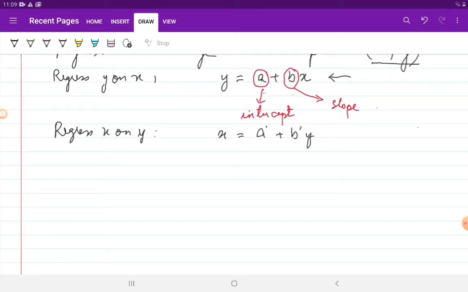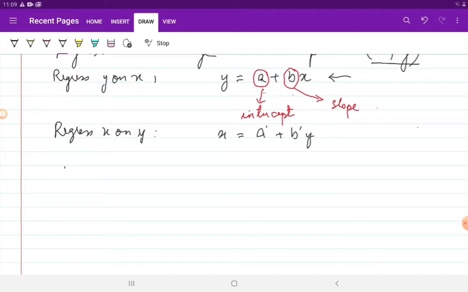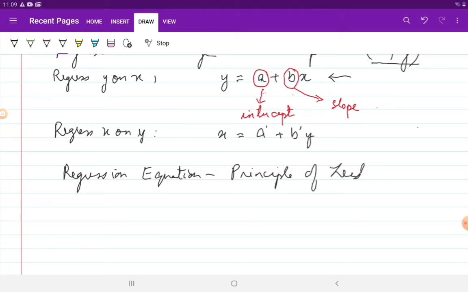Okay, so now how do we go about estimating these relationships? You have already learned that you can find the regression equations based on the principle of least squares, which we already covered in the last few lectures.